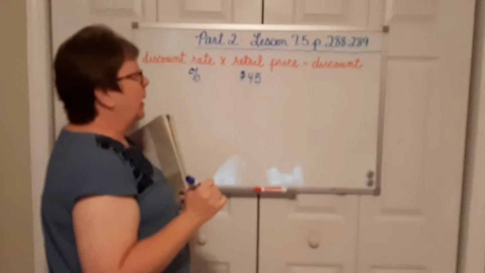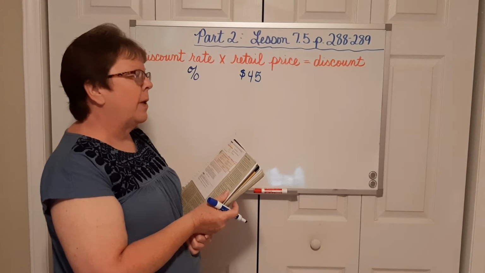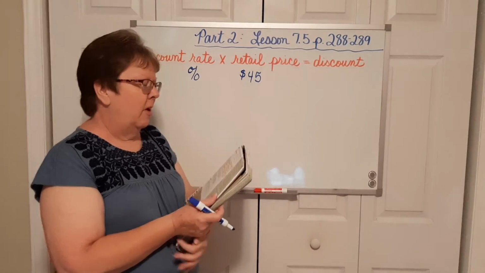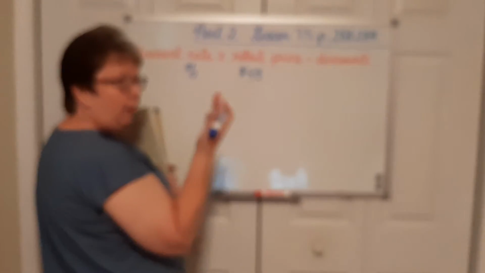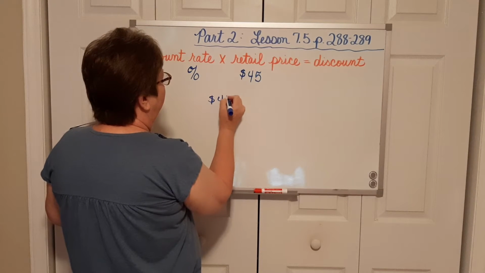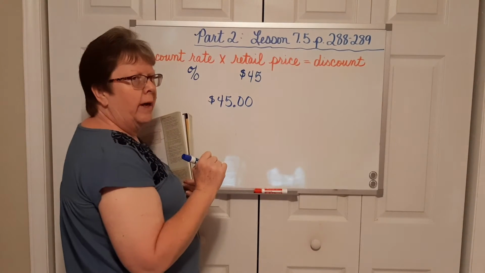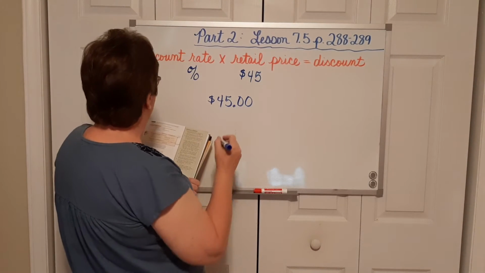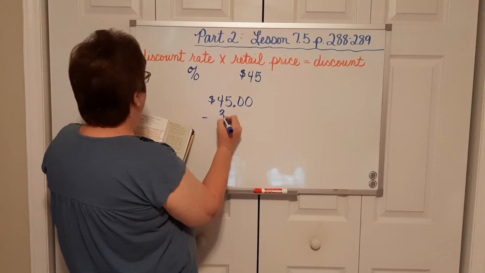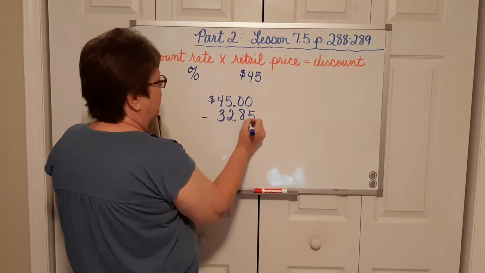Now it doesn't tell us the discount, but it told how much she paid for it. So we can figure out our discount. Our retail price was $45, and I'm going to add a decimal point and 2 zeros. That's another way to write $45. And we're going to subtract what she paid for it. She paid $32.85.